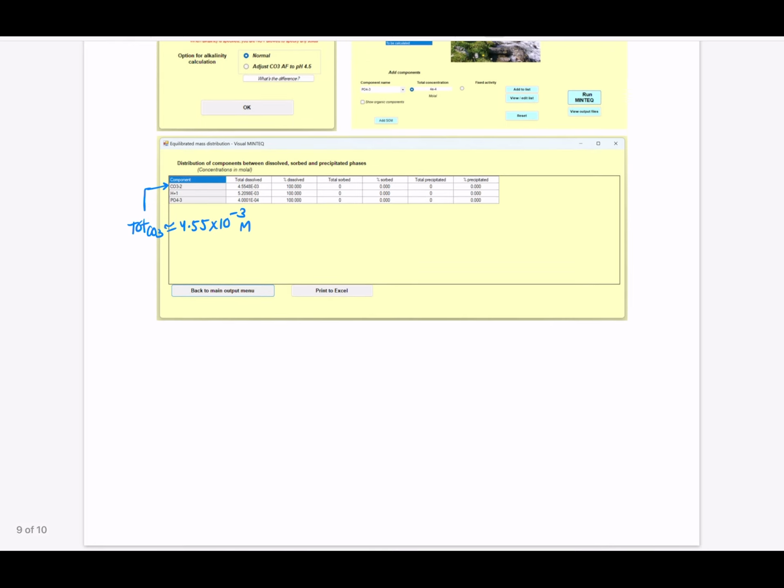Now we can look at the total contribution of alkalinity because of carbonic acid. The total CO3 is 4.55 × 10^-3 molar, and pH is 7.7. So we can calculate the alkalinity due to CO3 based on the equations we have in this lecture, and that would be 4.39 milliequivalent per liter. We know the total alkalinity, so we can see the contributions.